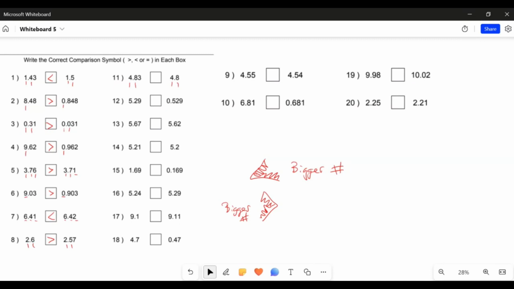Which one's bigger, 4.83 or 4.8? All right, I'm going to go right back and drop you out of class again. I'm waiting for some answers. 4.83 or 4.8? Which one's bigger?